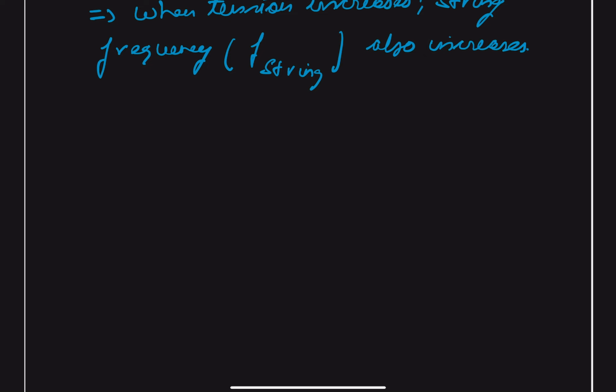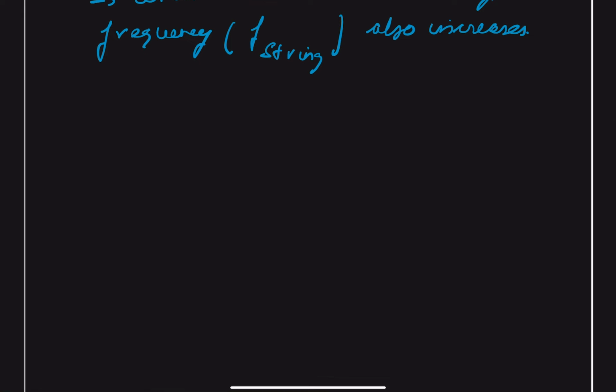Therefore, this F string, after the increase of the tension, we are going to call as F string new, with the help of the new notation, and this F string new will be greater than the frequency F string.